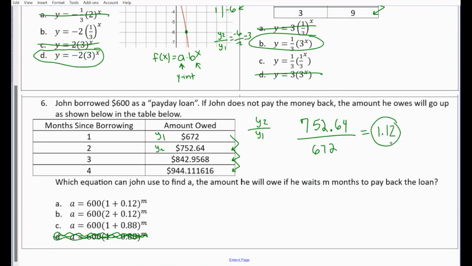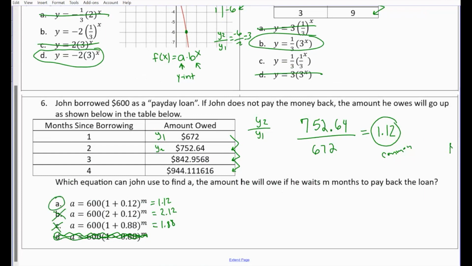So this is going to be our common ratio. Let's see if based on this we can figure out our answer. Well, 1 plus 0.88 gives us a common ratio of 1.88, so that's not going to work. This is going to give us a common ratio of 2.12 and 1.12. So be careful, because even though it says 2.12, I'm looking for 1.12. So my answer is going to be A.